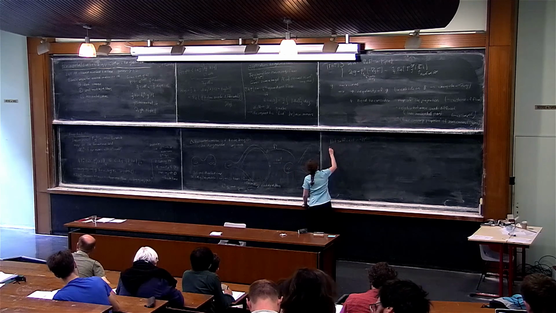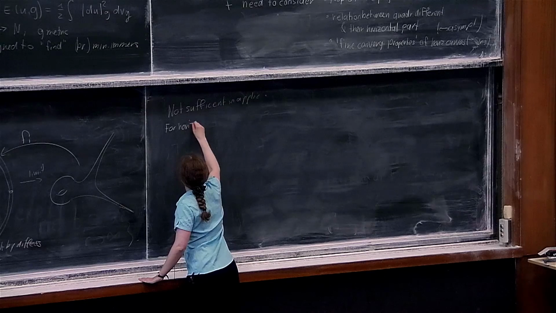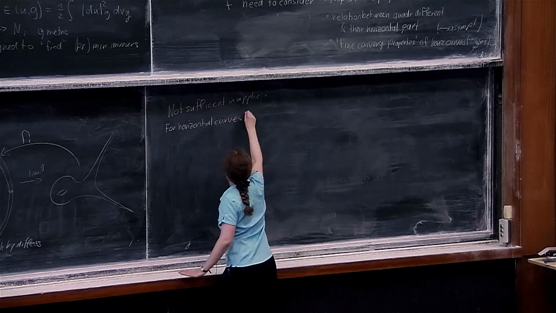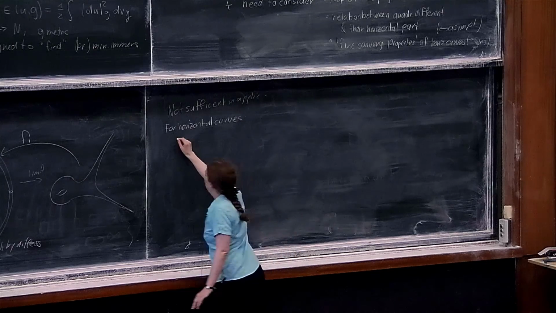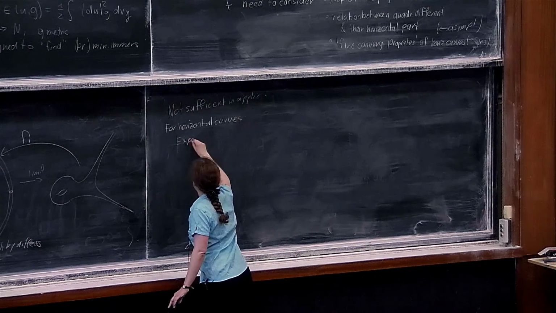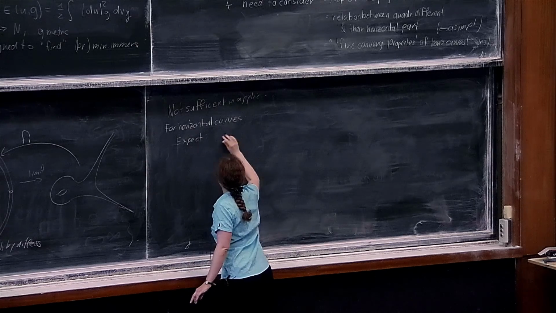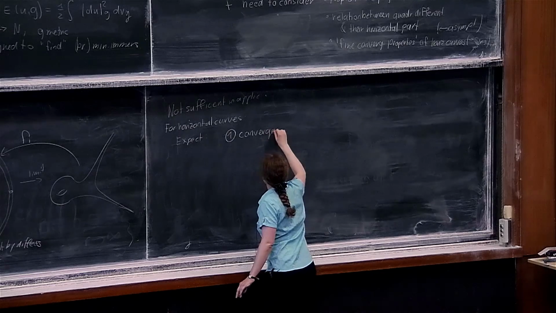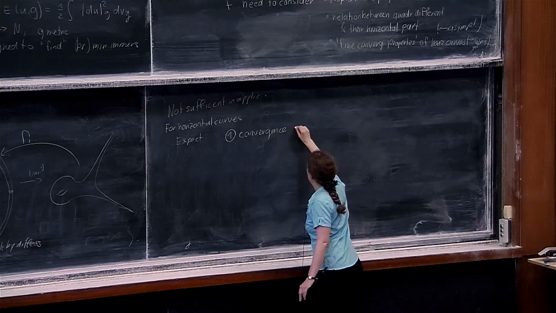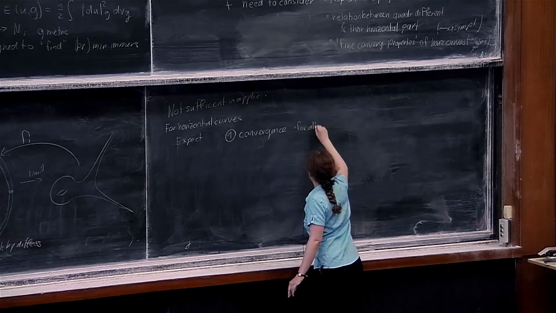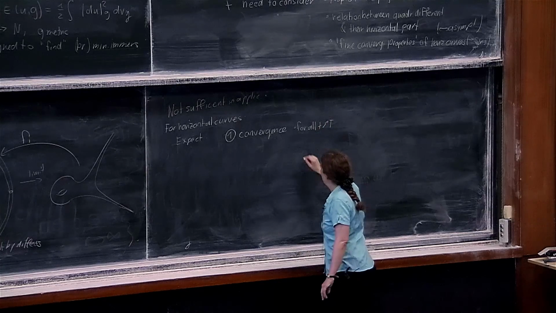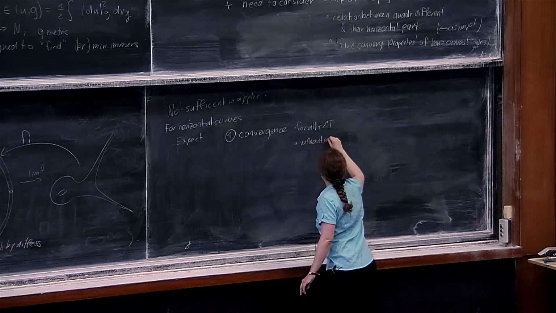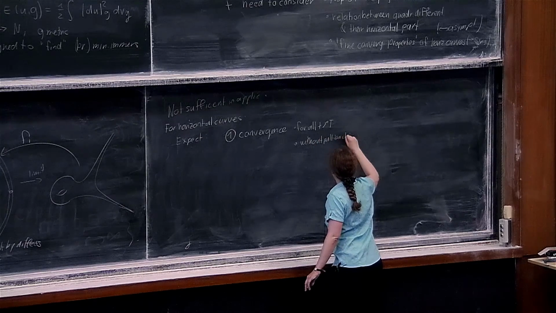So for horizontal curves, where I always consider horizontal curves of finite length, now what you expect is, first of all, convergence for all t going to T, and without having to pull back by diffeomorphisms.